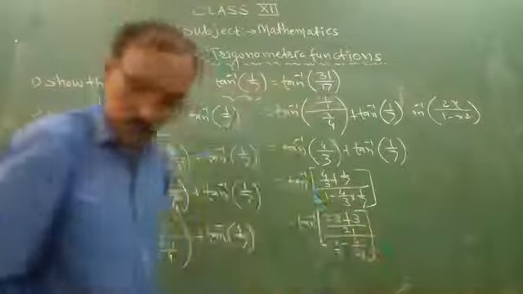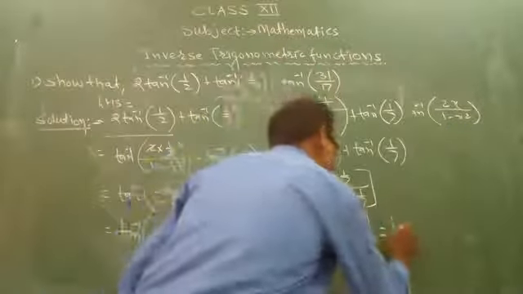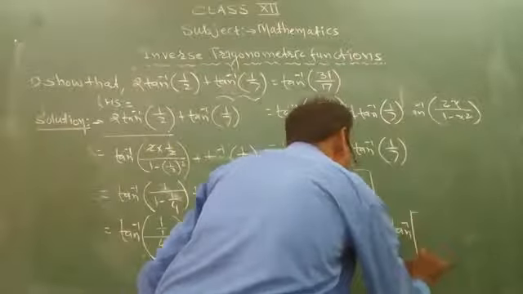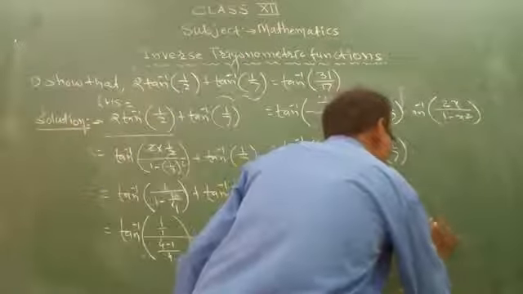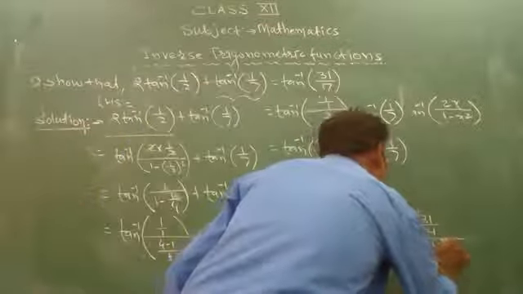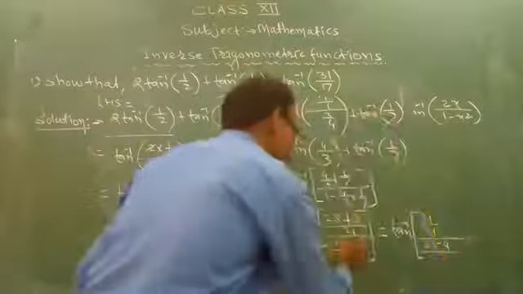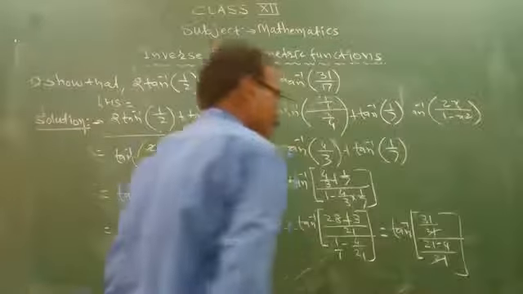Okay. So again, this will be equal to tan inverse of 31, that is 28 plus 3, 31 upon 21, and the whole divided by (21 minus 4) upon 21. So the 21 gets cancelled.